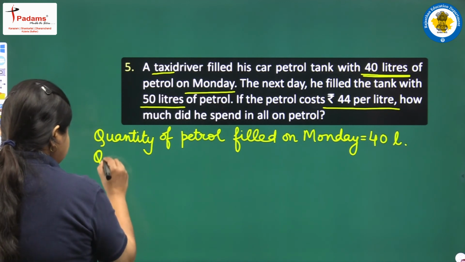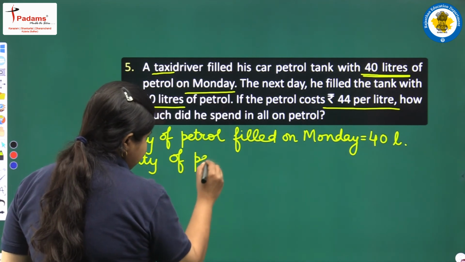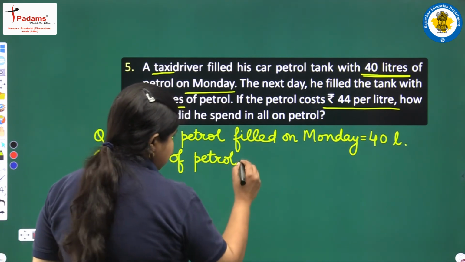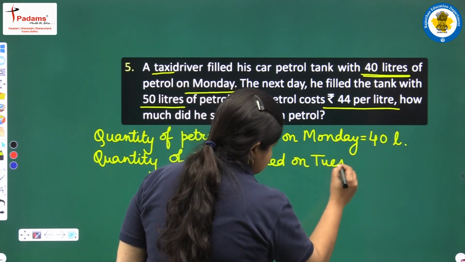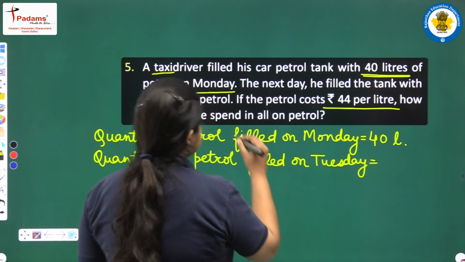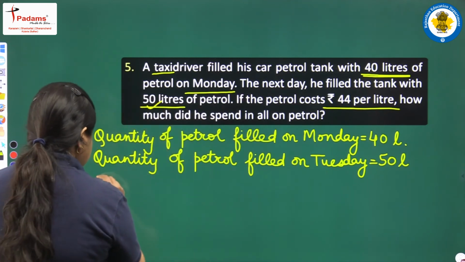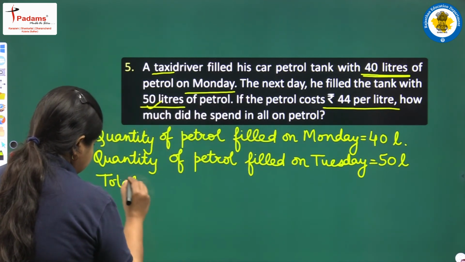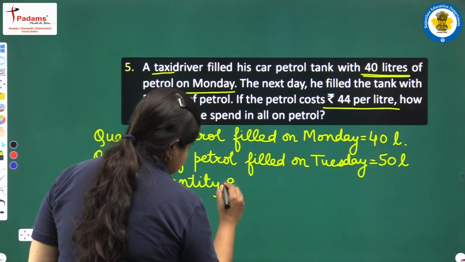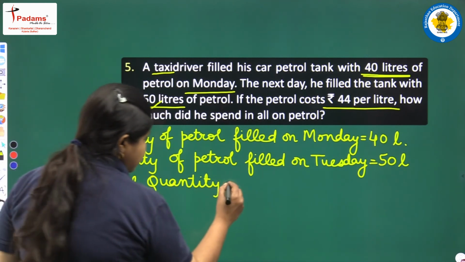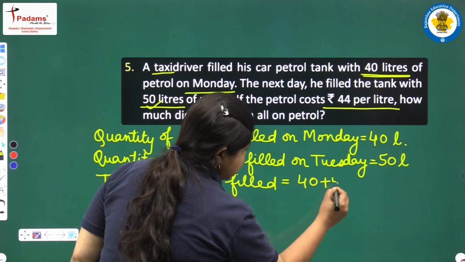Then quantity of petrol filled on Tuesday. The next day means Tuesday. It is given to be 50 liters. So it's 50 liters. Now the total quantity that has been filled, it's 40 plus 50 liters.